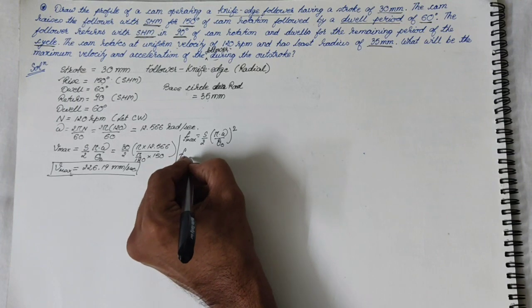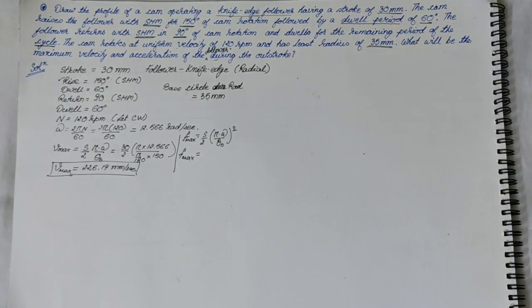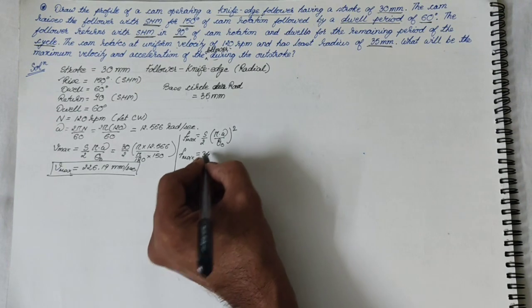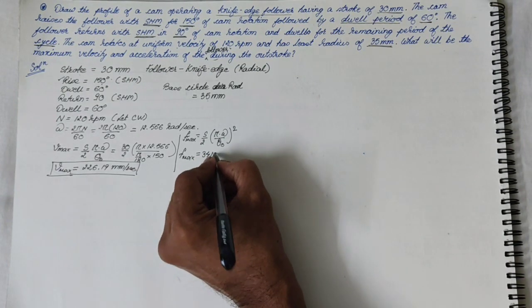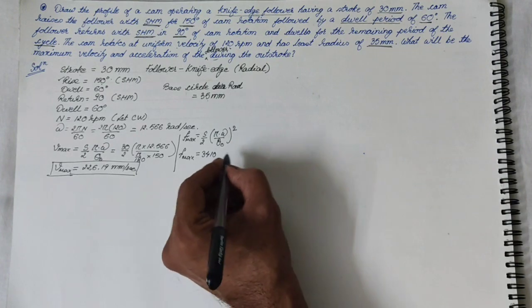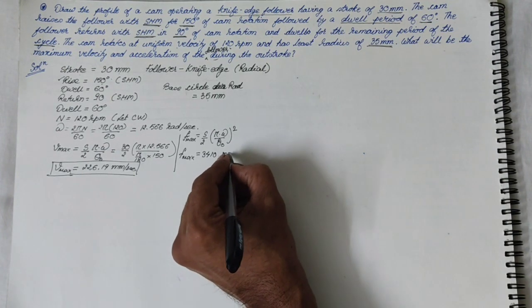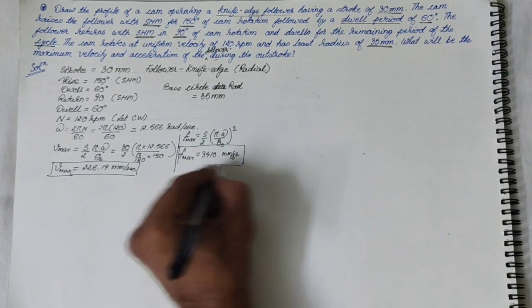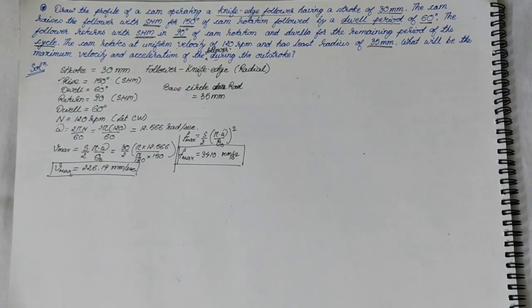So when you put these values and calculate, somewhere we will get this value as 3410 point something millimeters per second square. So these two values are required to be determined. So these will be the two values.